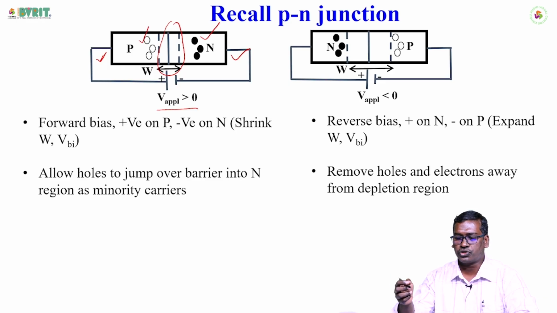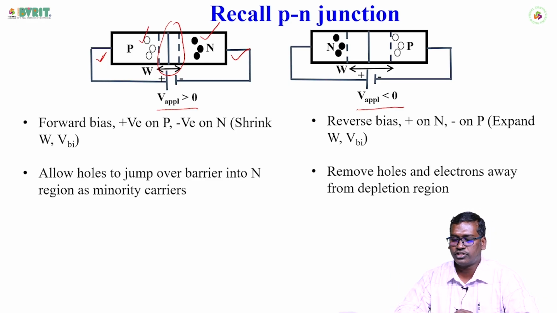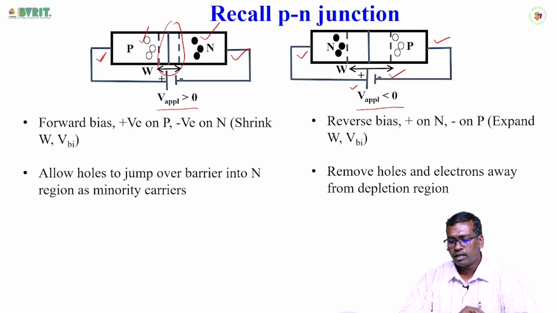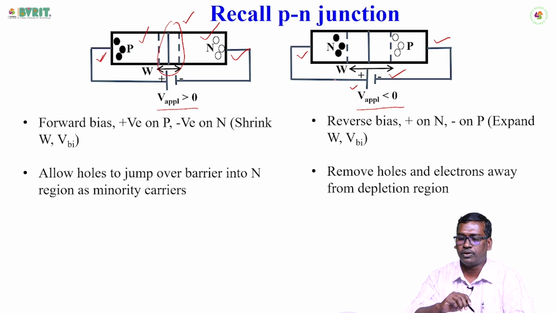If you see the other picture, the applied voltage is less than 0. That means to the p-type semiconductor we have given the negative supply, whereas to the N side we have given the positive supply. If you observe these two pictures, here the width is W and here the width is also W. You can see how much width there is here.